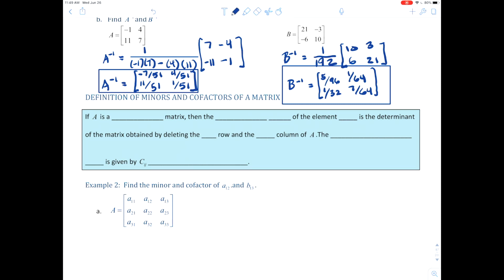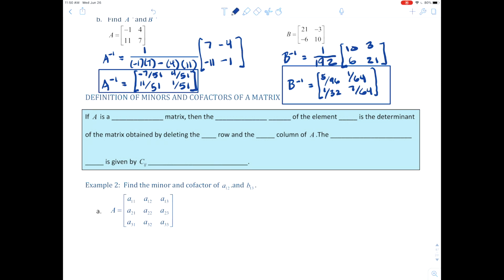So this next definition is extending our skills to be able to find the determinant of a square matrix of order greater than 2. So 3 by 3 matrices, 4 by 4 matrices, etc. So we'll be learning how to do expansion by cofactors. So here we go.